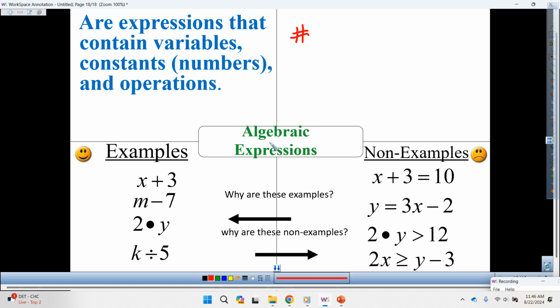Hashtag, what makes an algebraic expression an algebraic expression compared to this? That it doesn't have what? Yeah, equal sign. Or some of these.